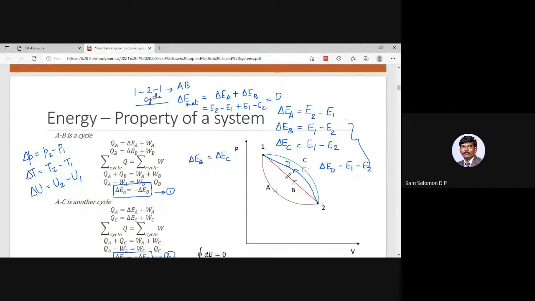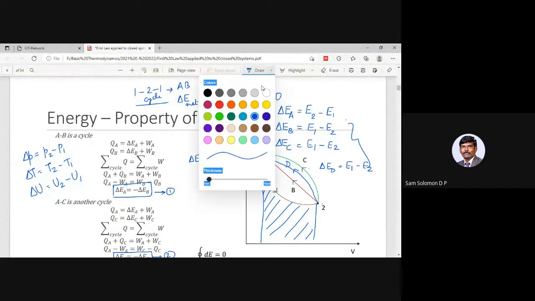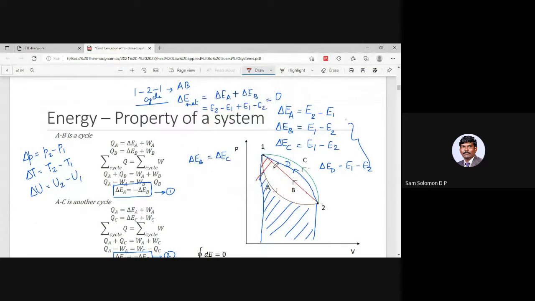Okay, but the work done in path A is different, because the area under the curve for path A gives you only this area, which is the work transfer. If you take the work transfer under path B, it covers this entire area.